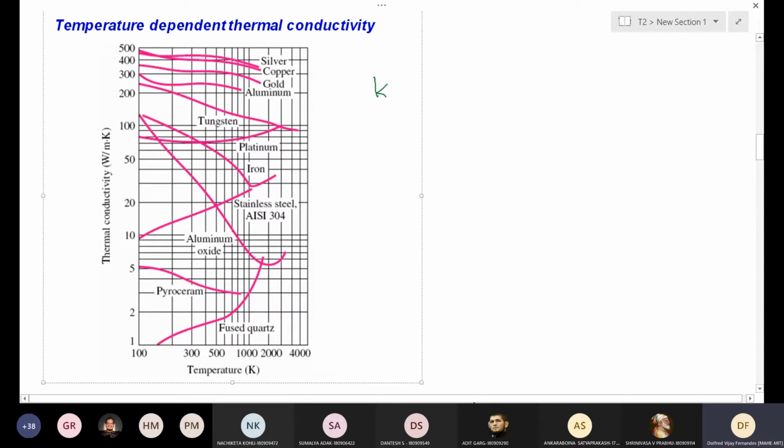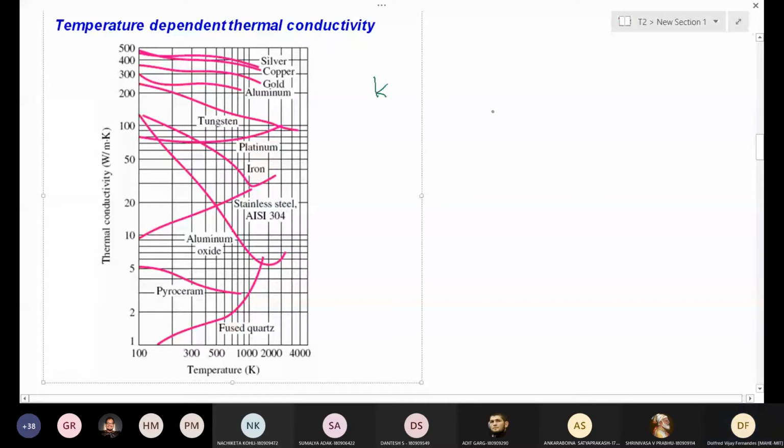Small range means, for example, if I have a copper wall of thickness 5 mm and the maximum temperature difference from one side to the other is 50 degrees centigrade, then in that 50 degrees centigrade, the variation in thermal conductivity can be taken as a linear variation.